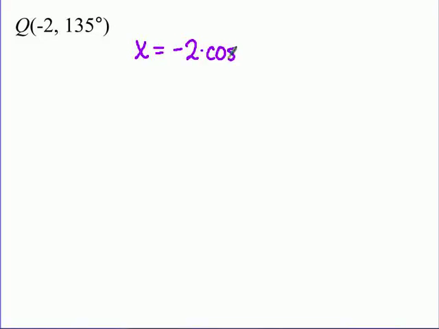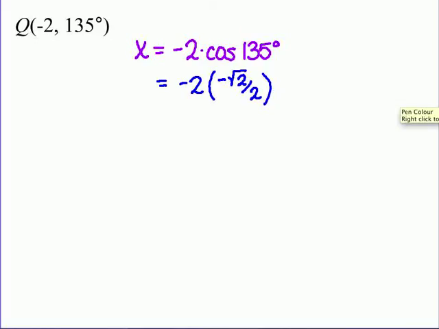Good. Negative 2 cosine of 135. Once again, 135 degrees should be on your blue sheet. The cosine of 135 degrees is equivalent to root 2 over 2? Isn't it negative root 2 over 2? Oh yeah, okay. That negative does make a big difference, so make sure you've got that. Now I can cancel my 2's, and my two negatives make a positive, so x equals root 2.